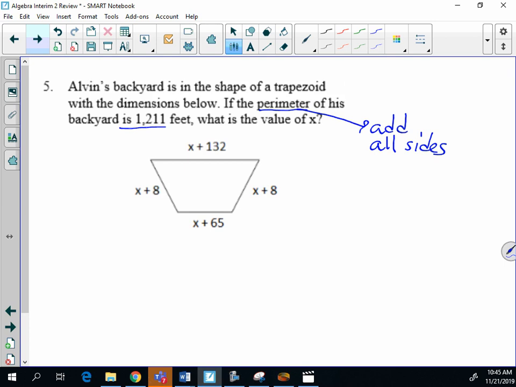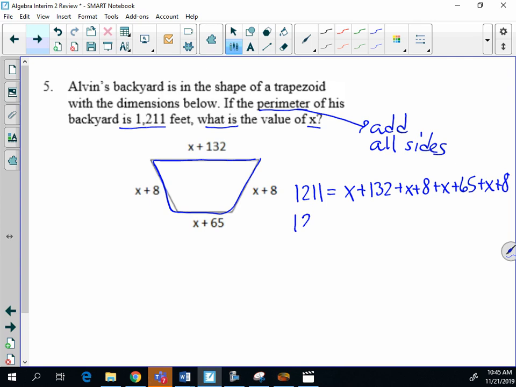1,211, what is x? So I take that total, 1,211, and I add all of the sides by going around each side of the trapezoid. I have x plus 132 plus x plus 8 plus x plus 65 plus x plus 8.